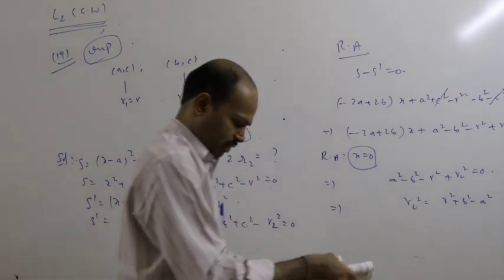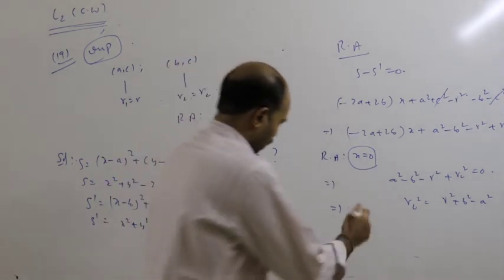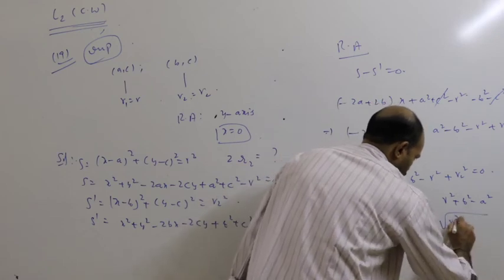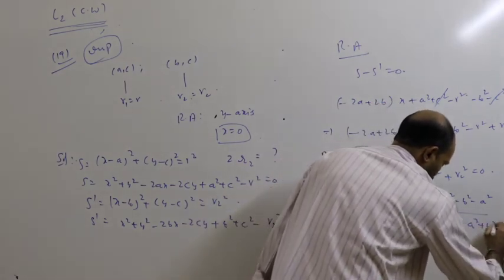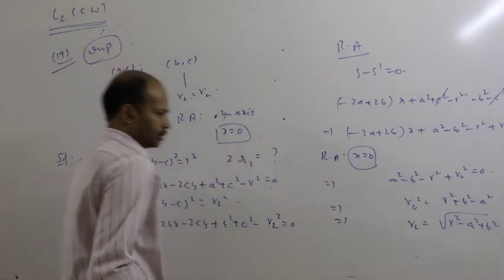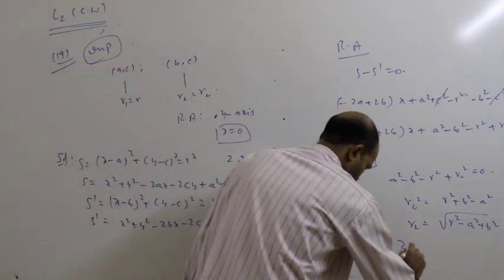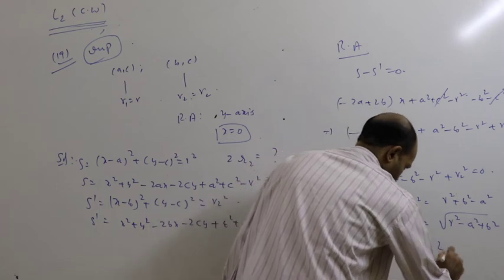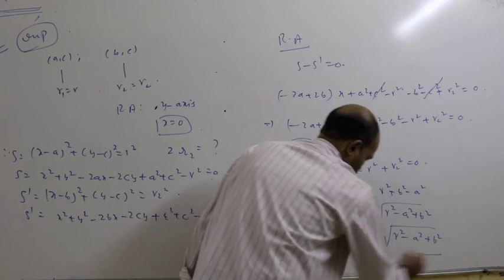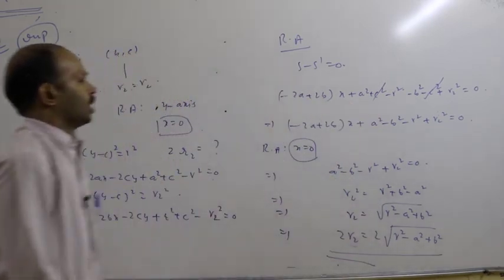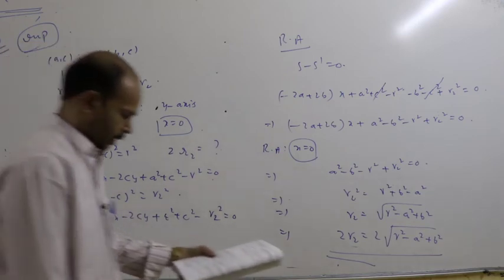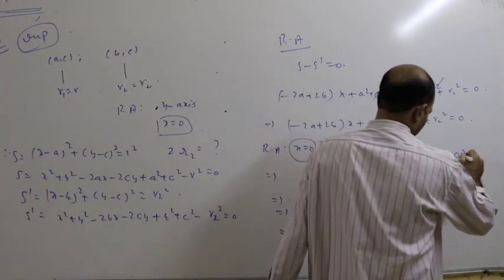So r2 is the square root of r square minus a square plus b square. But he is asking for 2r2. The diameter of the second circle is 2 root of r square minus a square plus b square.